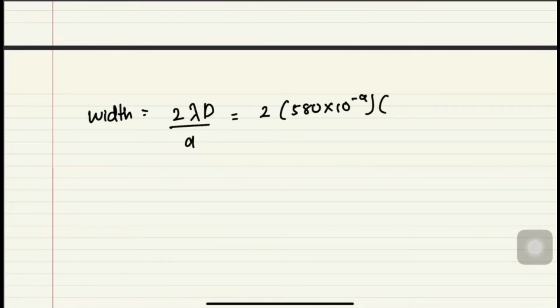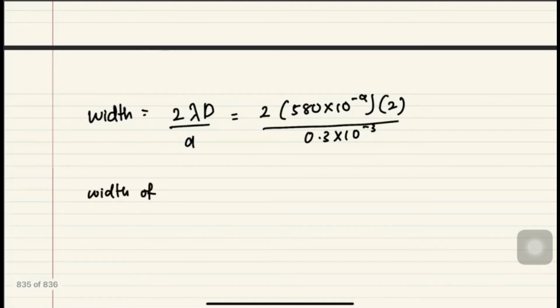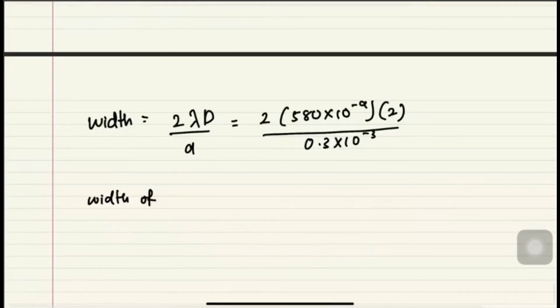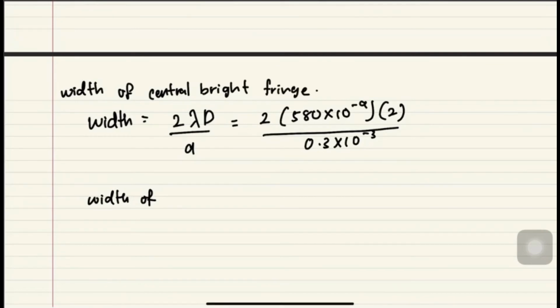D is 2. a is 0.3 millimeter. So the width of the central bright fringe, put it next to the symbol W. So W equals to 4 times, let me press it. It is about 7.73.